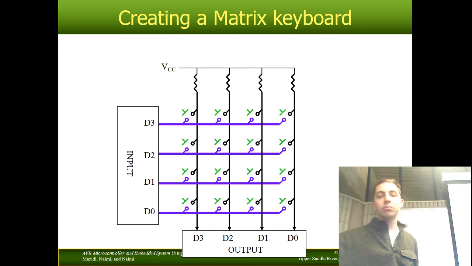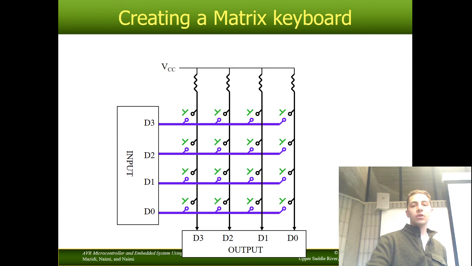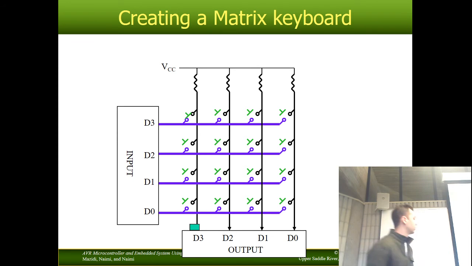So if I output a particular value, okay, for example, let's say I output a voltage, 5 volts, to this line, okay? If I output a voltage to that line, that column is 5 volts.